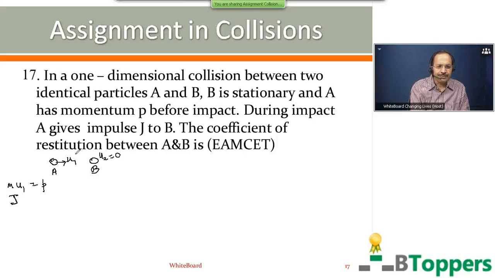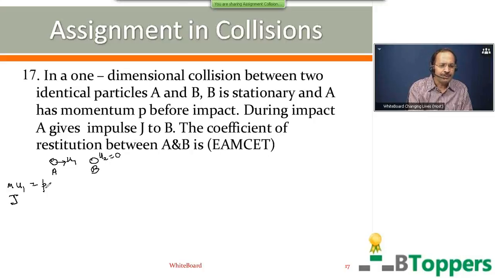J is the impulse given to B by A. Of course, the impulse given to A by B will have the same magnitude but in the opposite direction. So the impulse given to B by A is towards the right, in the direction of the momentum P.